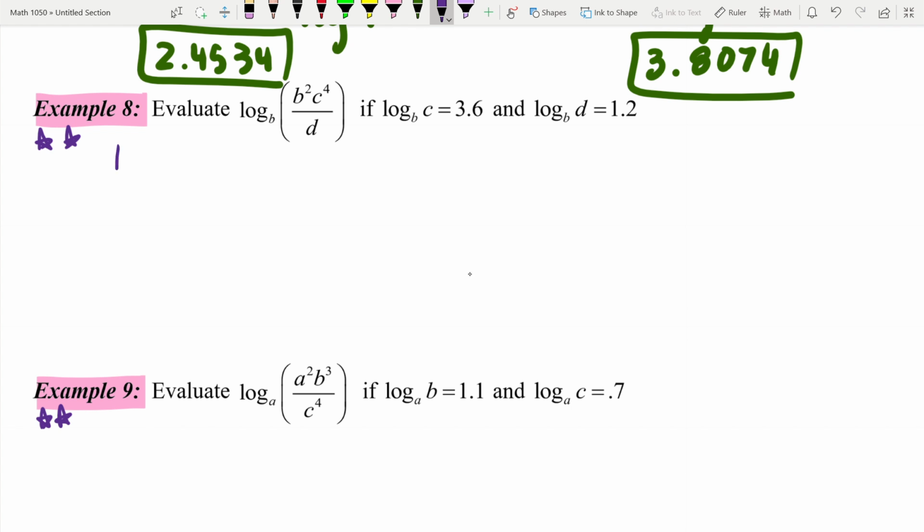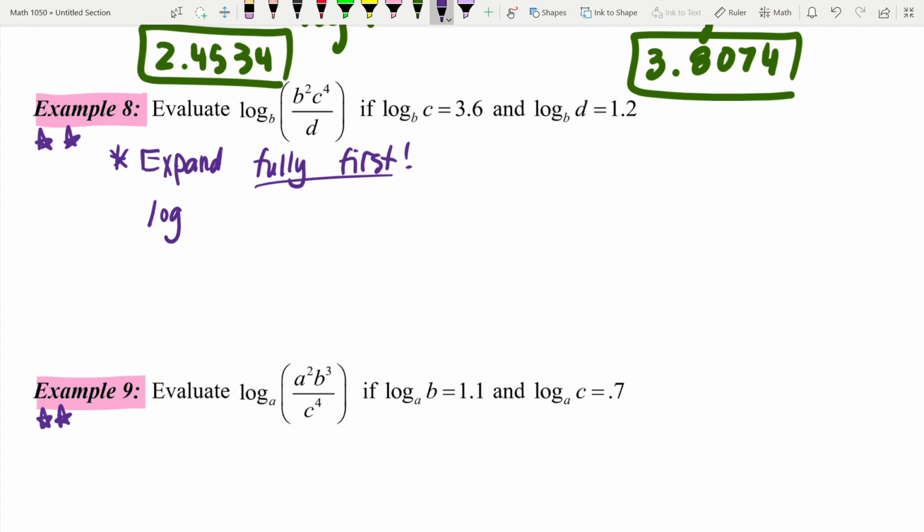I want you to write a note to yourself right there. And I want you to say, expand fully first. So the first thing I want you to do is to completely expand this, okay? So I'm going to say log 3 times 1's going to be a negative.